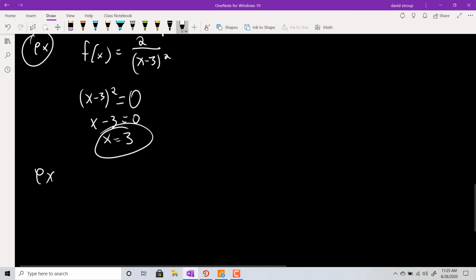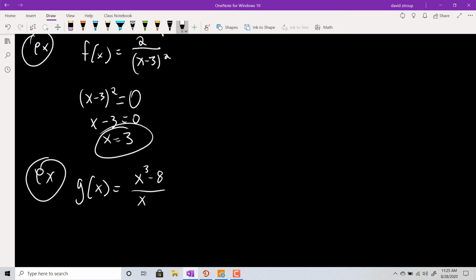Let's look at another one. g of x equals x cubed minus 8 all over x minus 2. So you may jump into this and say, ooh, it's 2, the answer's 2, and go on to the next problem. No, not so fast, buddy. Let's see. Same, opposite, always positive. So x squared, 2x, and then 4, all over x minus 2.